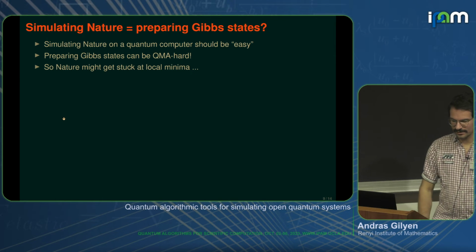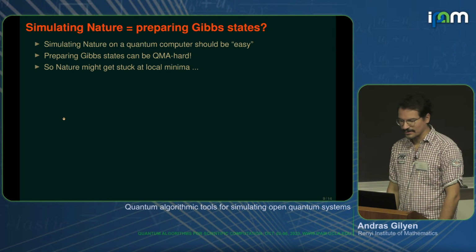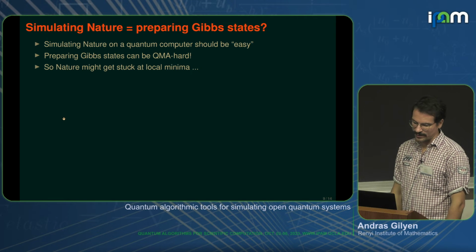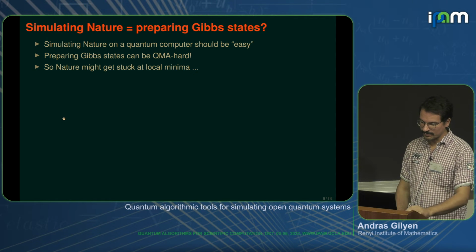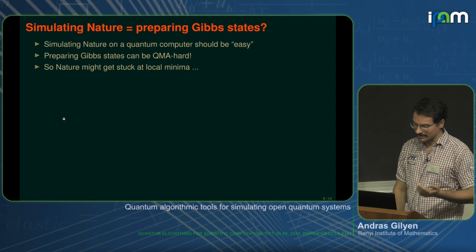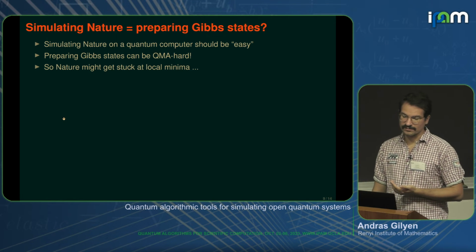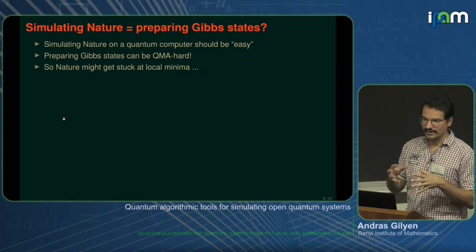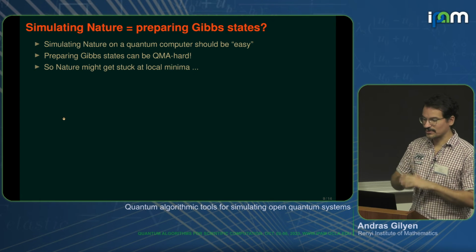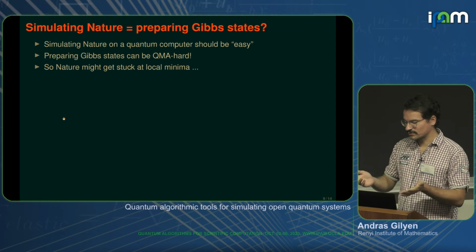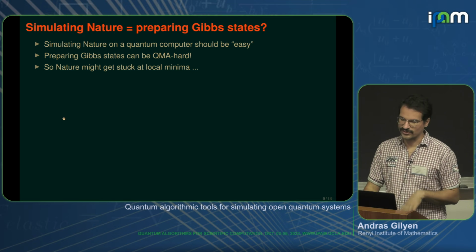Well, in typical physical systems, Gibbs states can indeed be prepared, but there are systems where it just doesn't thermalize quickly, and so nature will get stuck in some local minima and will not converge to the Gibbs state, which is QMA hard, but will converge to some state which it likes to converge to.